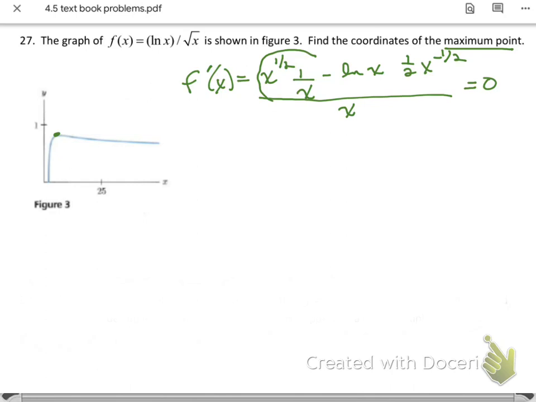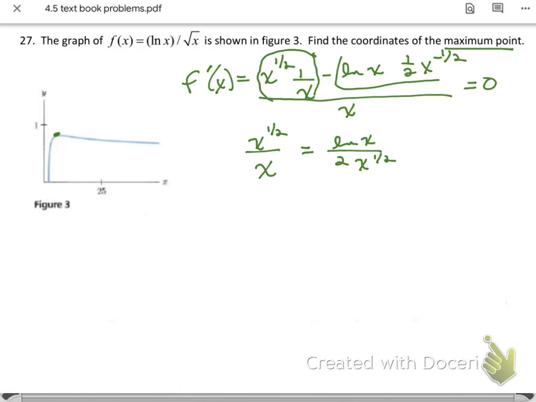So this is x to the 1/2 over x. Okay, I'm just going to leave it like that. I'm going to set that equal to the rest of my term here, and that's going to be, let's see, I have natural log of x in the numerator. I will have 2 x to the 1/2 in the denominator.